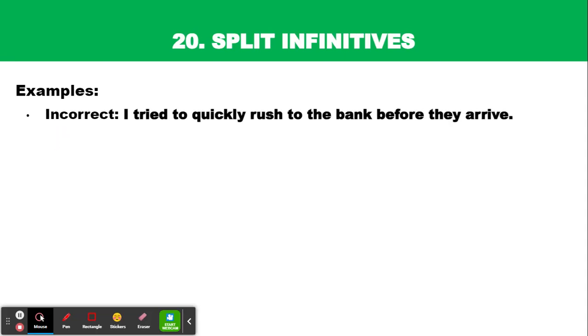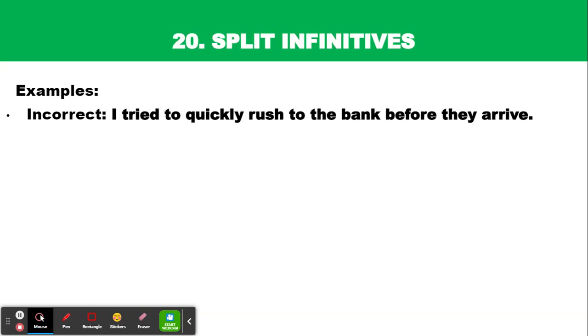Then the last but not the least mistake is split infinitives. Although a lot of scholars now argue that we don't have to bother ourselves with split infinitives anymore. However, it is important you know that this has been part of English grammar, that most grammarians have always frowned at split infinitives.